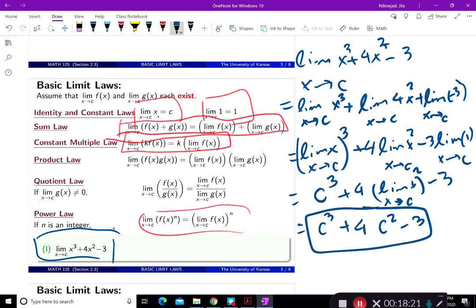This section prepares that for you. This function is a polynomial, and we just saw all these steps that we took. Similar steps have to be taken for every polynomial, and all those steps basically bring you down to plugging in c here.